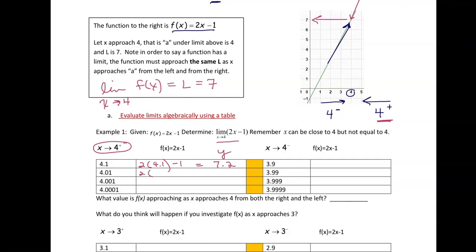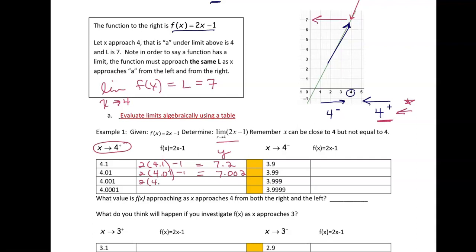Get a little bit closer. I'm coming from the right side, from the higher numbers coming down. So 2 times 4.01 minus 1 equals 7.02.